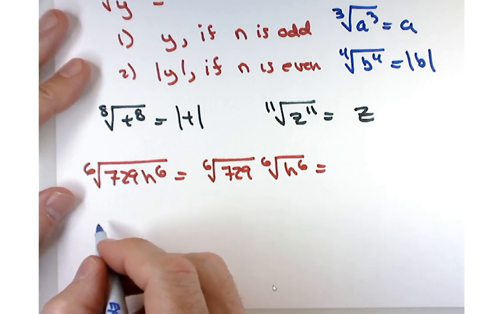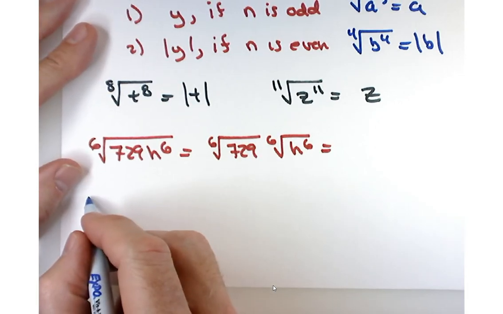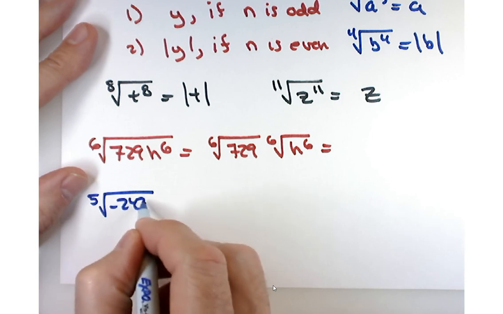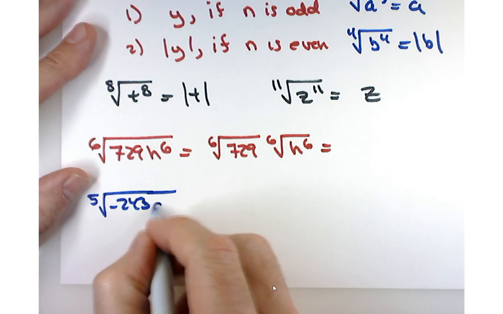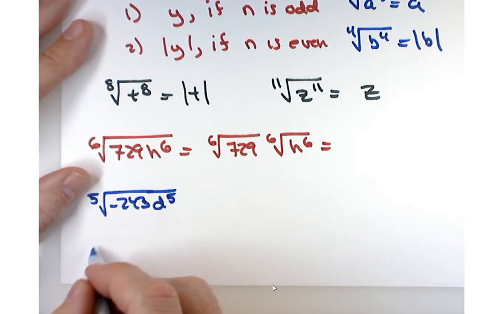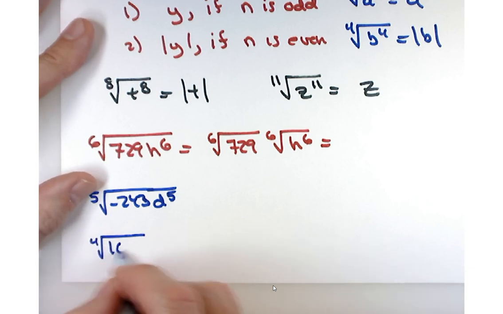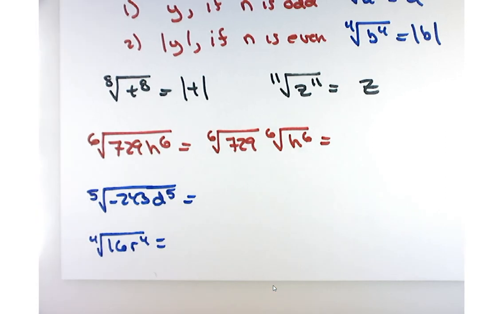Maybe 2 to chew on. 5th root of -243 d to the 5th power, and then the 4th root of 16 r to the 4th power. So a couple more to chew on.